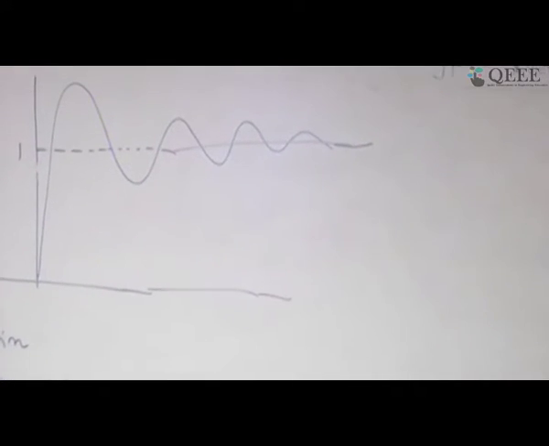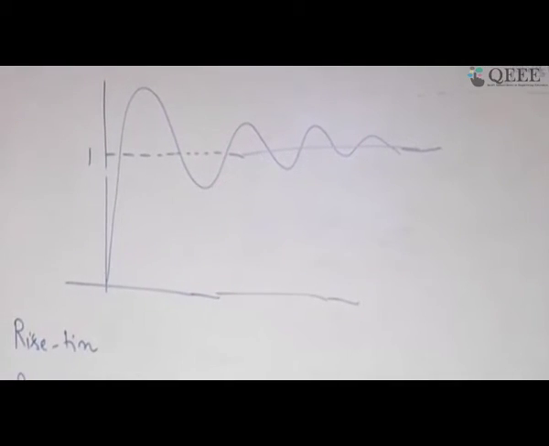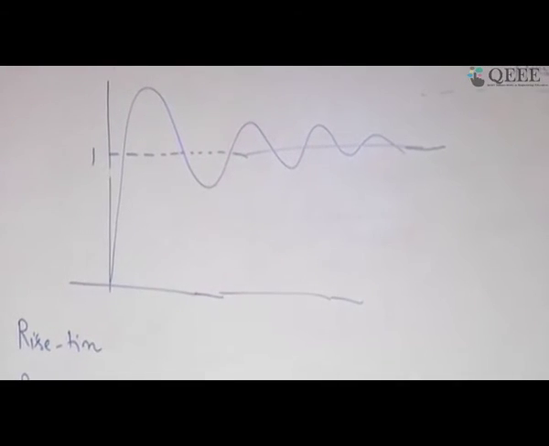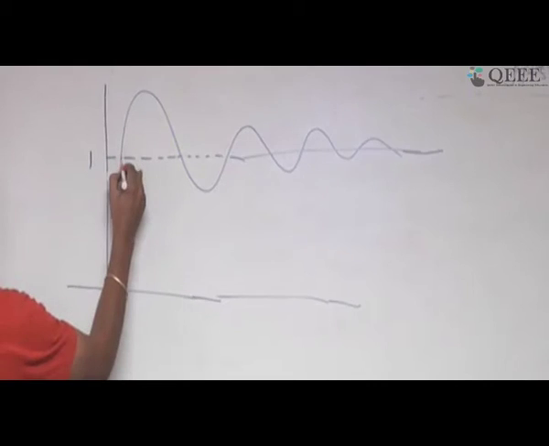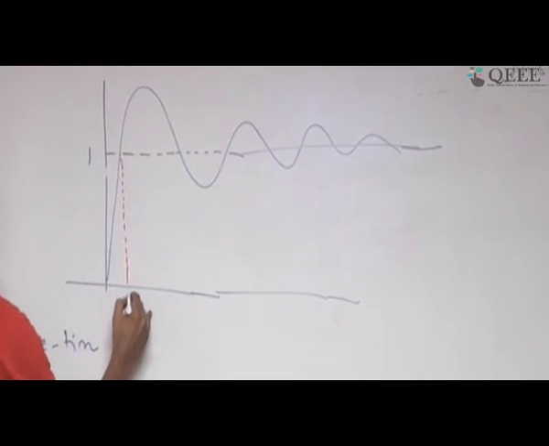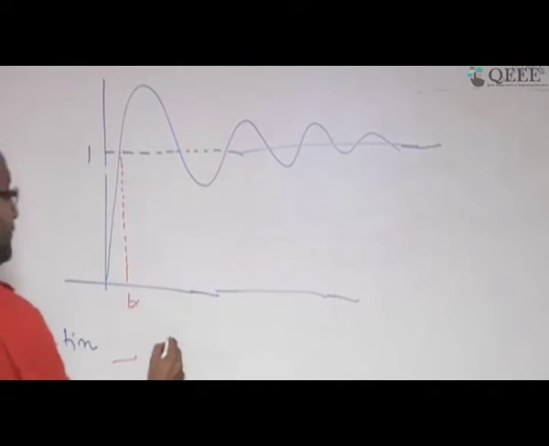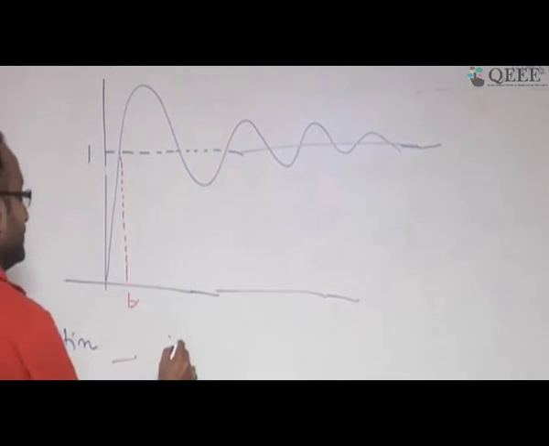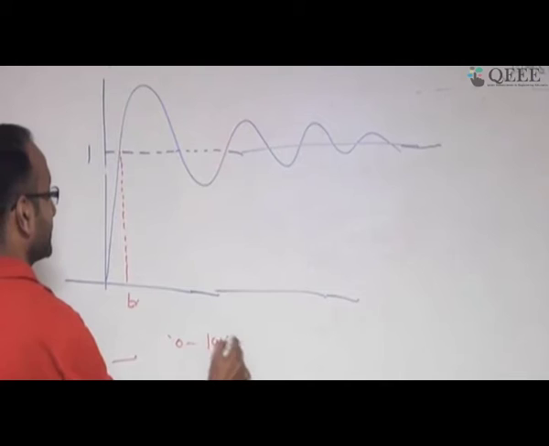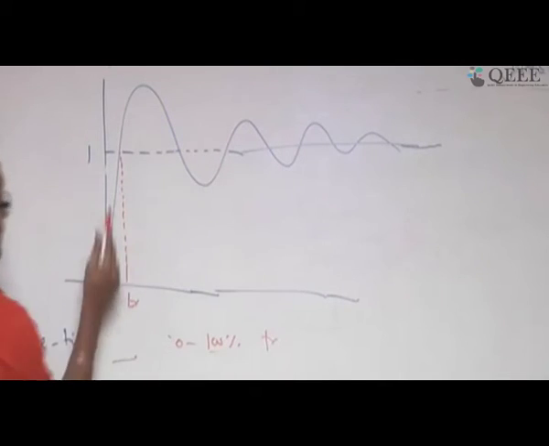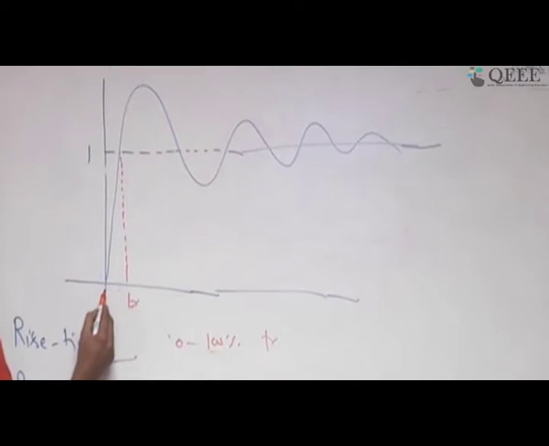So what does it say? Rise time. Rise time is the time required for this value to reach from 0 to 100%. That is called rise time. What is the time required for this response to reach 1?